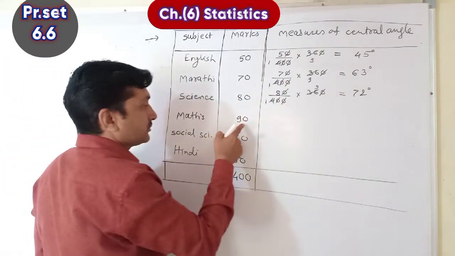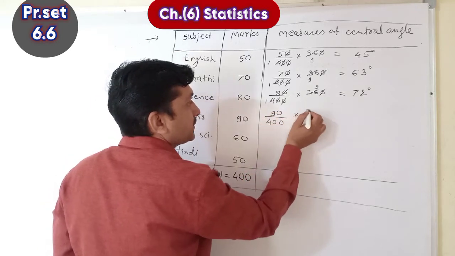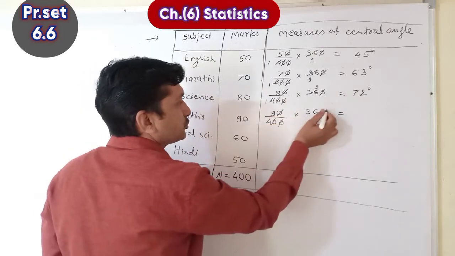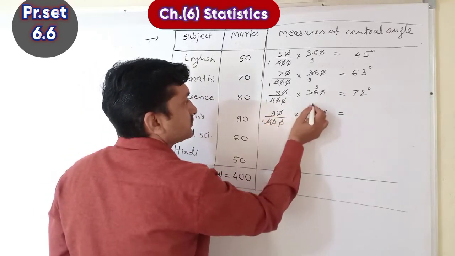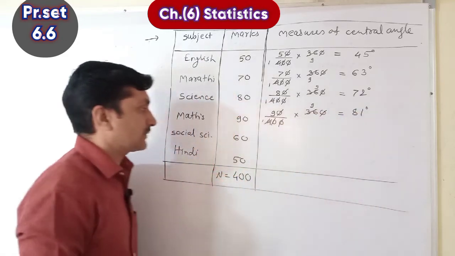Okay, now here 90 upon 400 multiplied by 360. Same method. 0 cancel, 0 cancel, 9 9s are 81°.